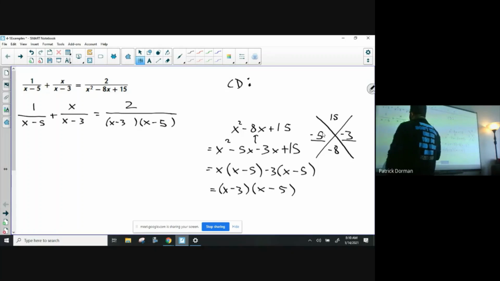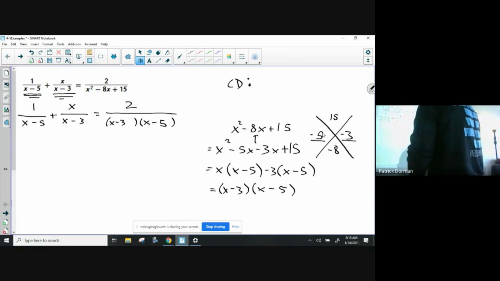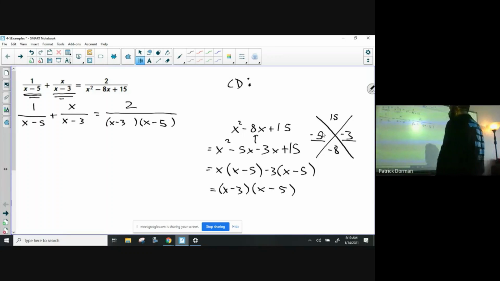And did you see there was probably a little hint as to what this would factor into? Look, the factors are sitting right there. So that's a good way to check when you're doing these: if when you factor, you don't get the same thing as you had in the denominators of your other two terms, then I would go back and check the factoring. So it turns out that that factored form is also going to be our common denominator, right?